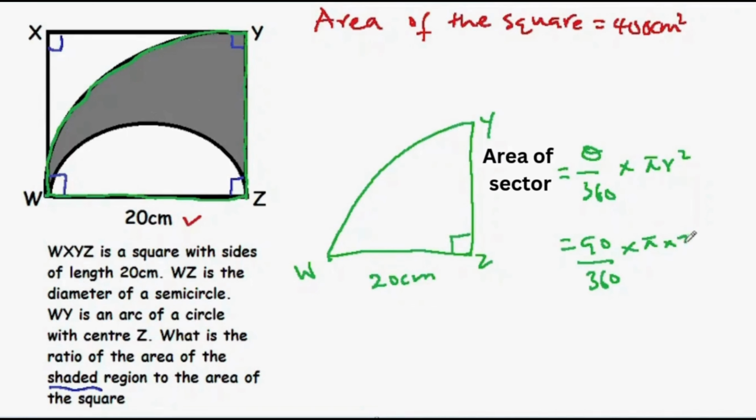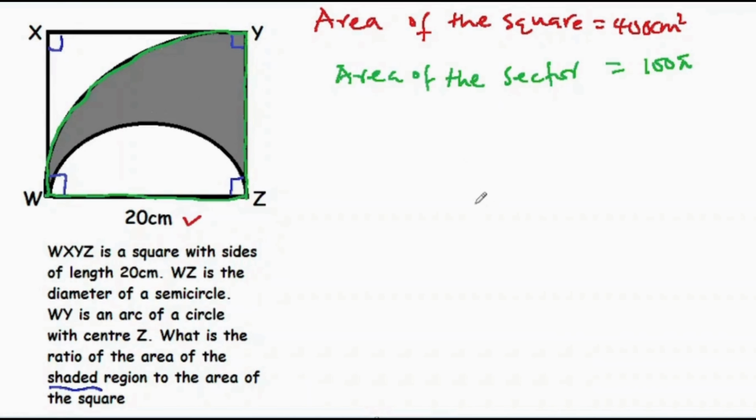The radius is 20 squared. So our final answer will be 1 divided by 4 multiplied by pi multiplied by 400, and 4 in 400 will be 100 times pi. That's going to give us 100 pi. So the area of the sector is 100 pi.